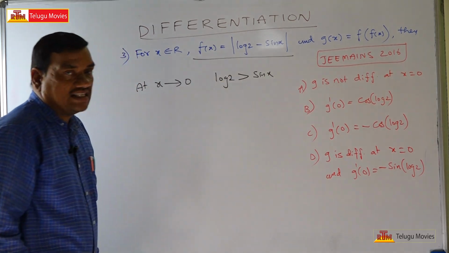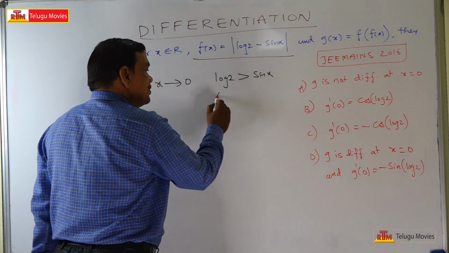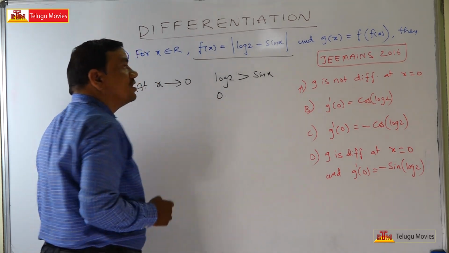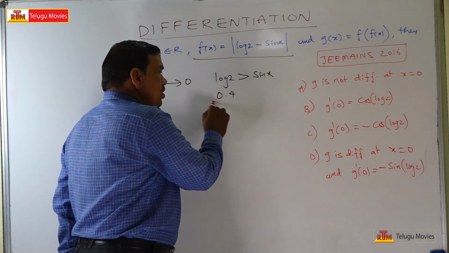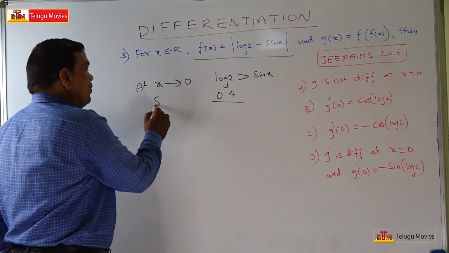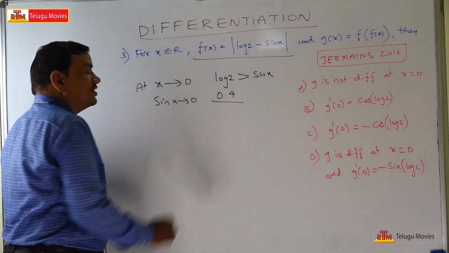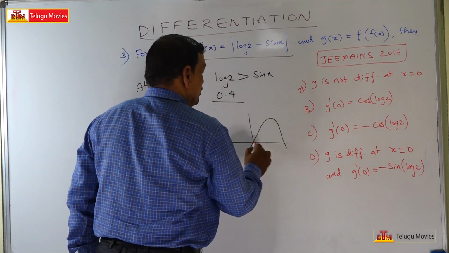Can you accept this? Yes. Why? Because log 2 value is 0 point something, something like 0.301, you will get something like that. But as x tends to 0, sin x value tends to 0. See the diagram, sin 0 is 0.